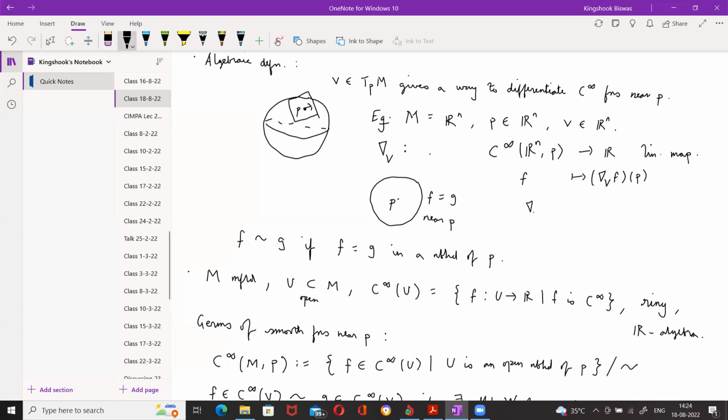So nabla V of F times G at P is nabla V F at P into G(P) plus F(P) nabla V G at P. So this is a linear map which satisfies the Leibniz rule at P.